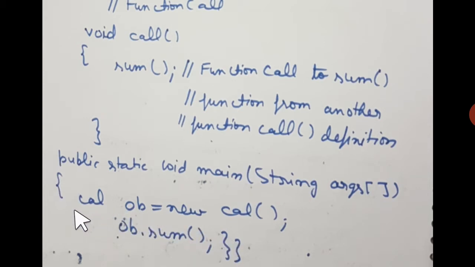How is it created? Using the name of the class: cal is the class name, then ob is the object name, assignment operator, new, and then cal parenthesis semicolon. This cal which is written here is a constructor. We'll have another video for constructors also. And what you notice here is that the name of the constructor and the name of the class are the same.